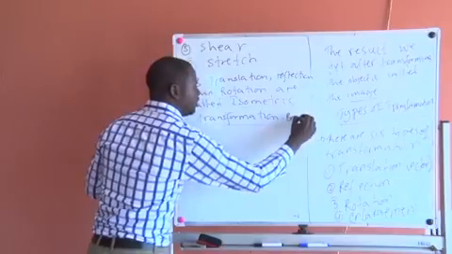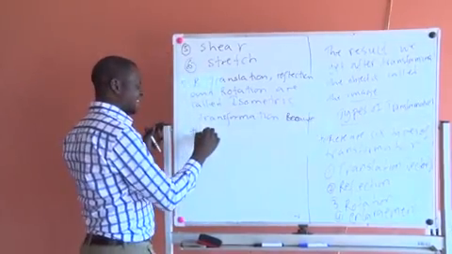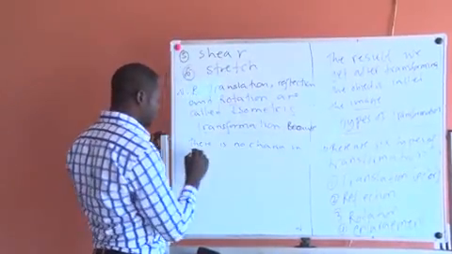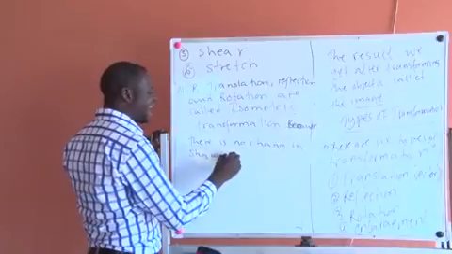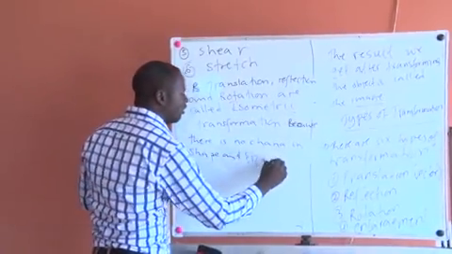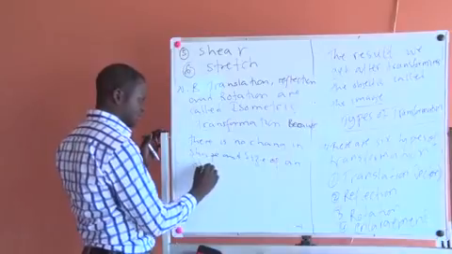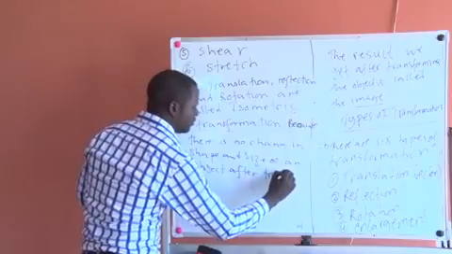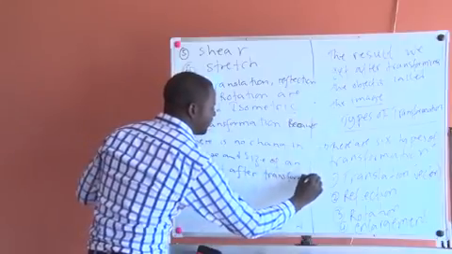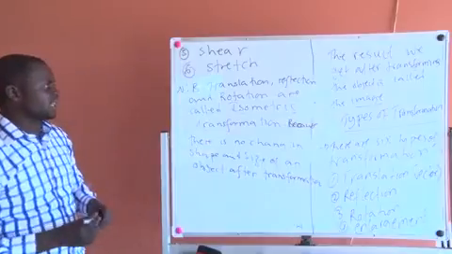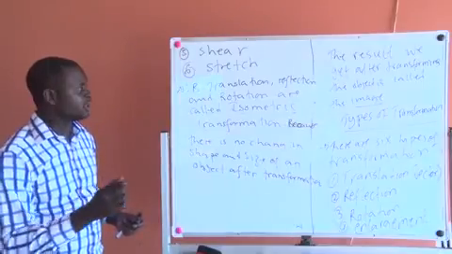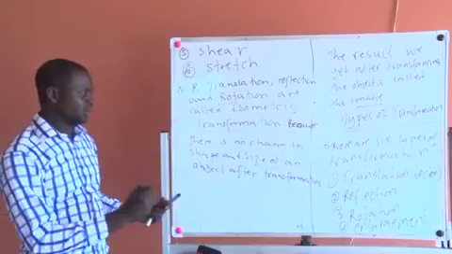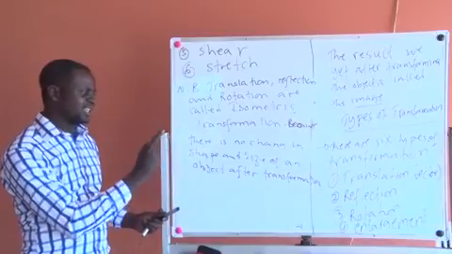Because there is no change in the shape and size of an object after transformation. So please note that statement, very important. So we are saying that translation, reflection, rotation are called isometrics or isometries because there is no change in the shape and size of an object.